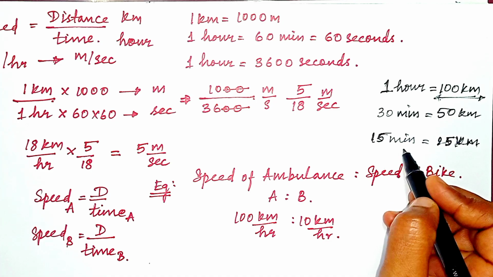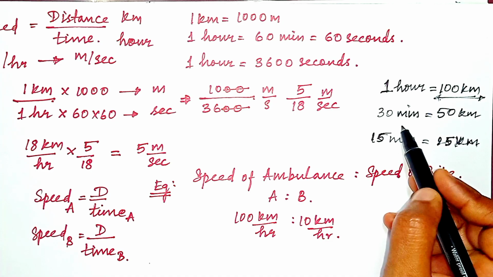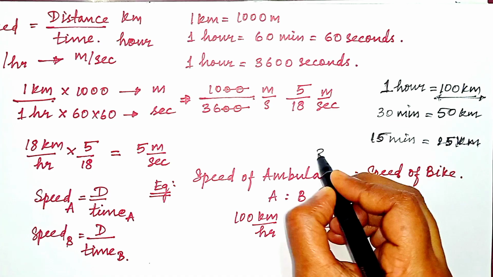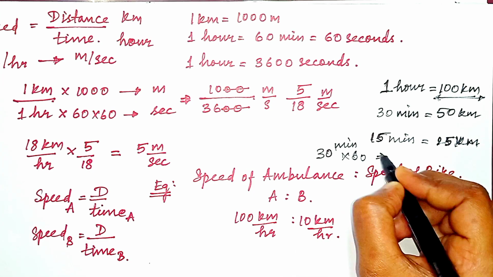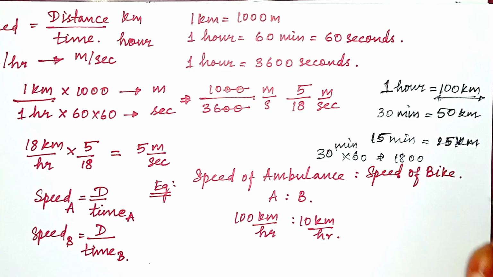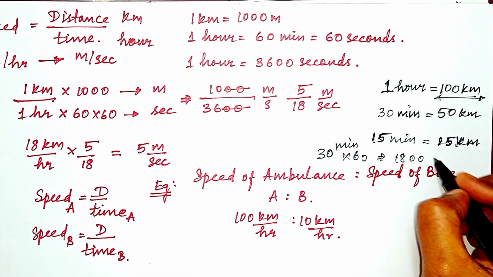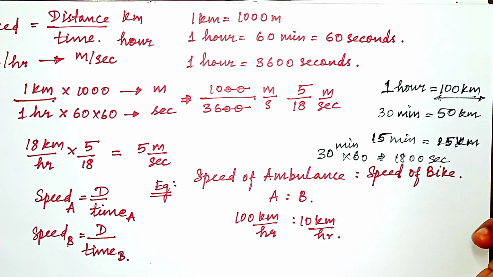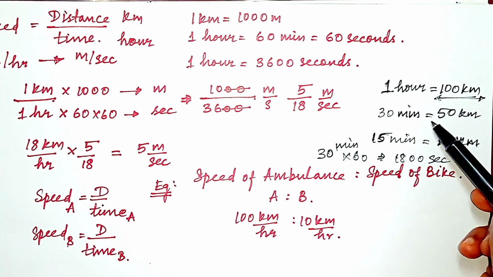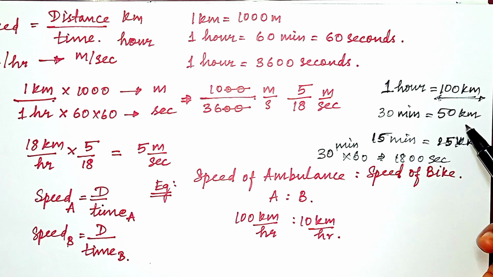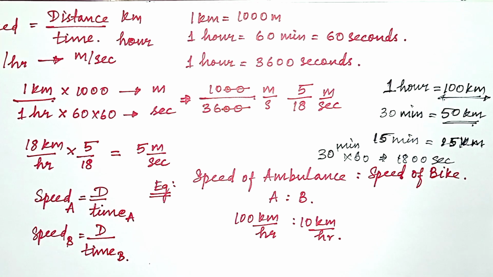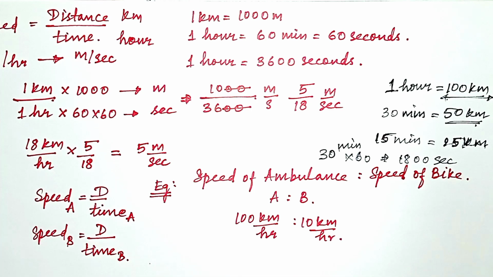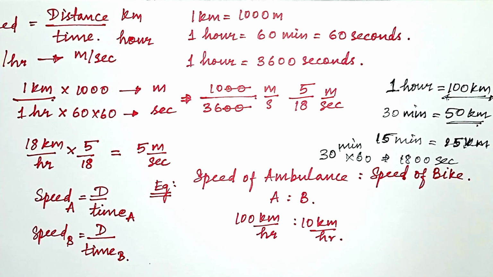They might give it in seconds. How much will it cover in 1800 seconds? Directly calculate roughly how much it can cover in 30 minutes and then say the answer, 50 kilometers. Okay, come back to this problem about speed.